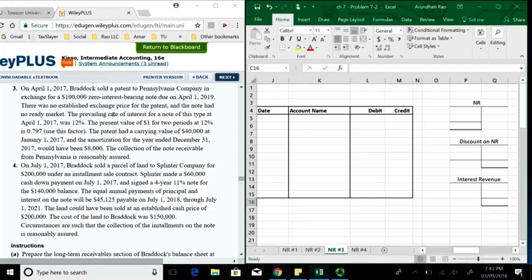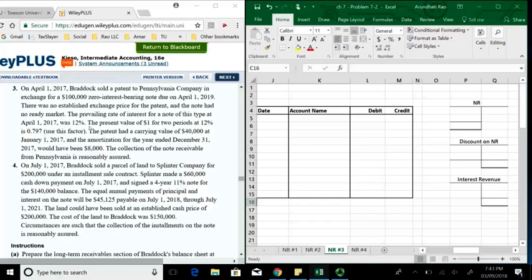There is no established market price for the patent, and the note has no ready market value.